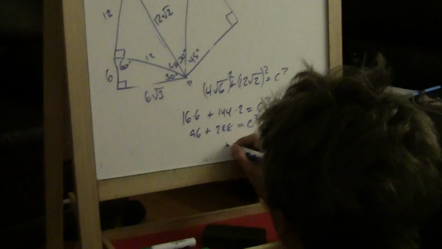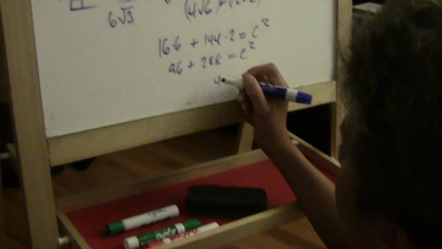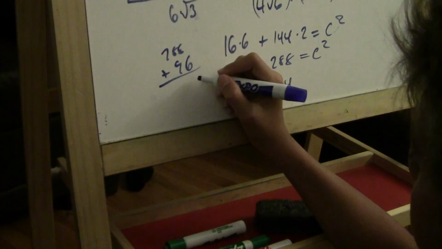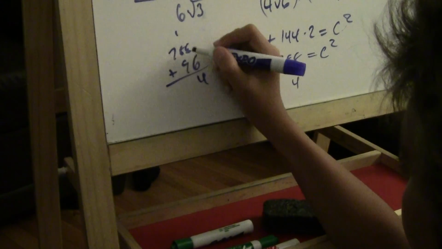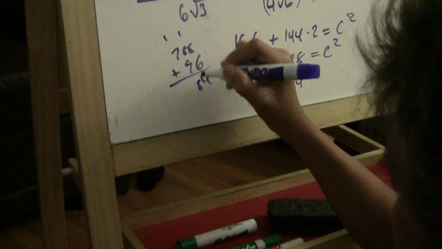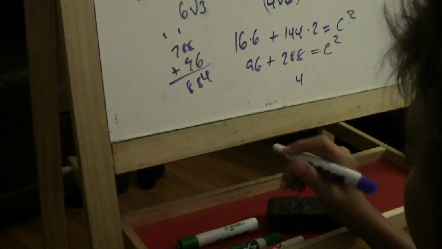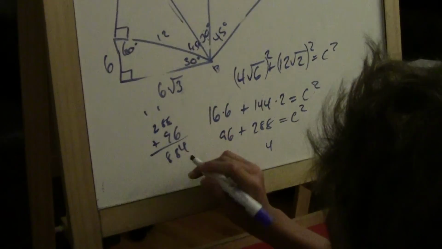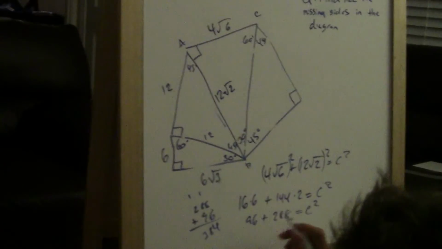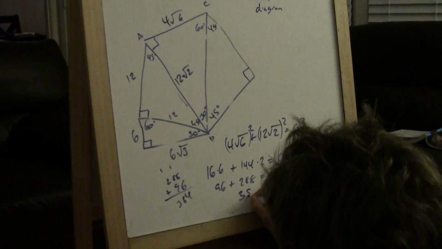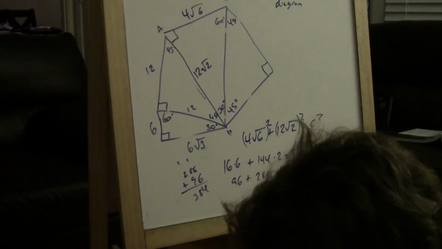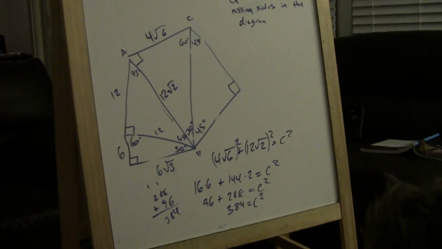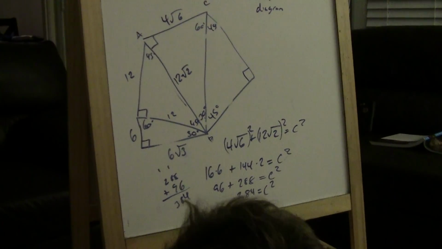Then when we do that, I still need to do some math. Oh wait, no, this is a 2. This is a 3. 384 is equal to c squared. So then when we start doing it, did I do it right?